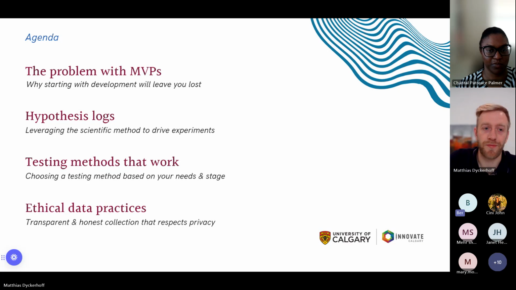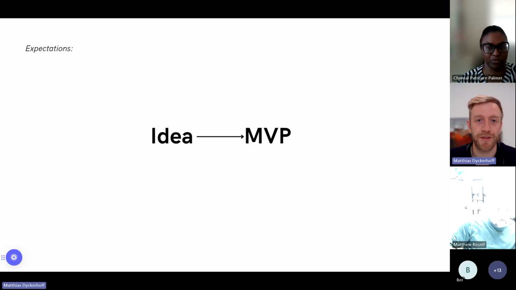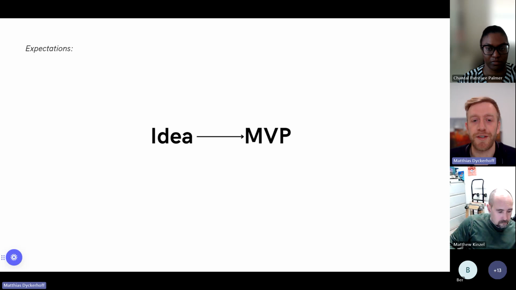So the topic of MVPs has been in the popular domain for about 15 years. I think it was around 2011 where Eric Ries wrote this book, The Lean Startup, and this idea of rapid testing and iteration of ideas to help you gain more confidence around your business model.